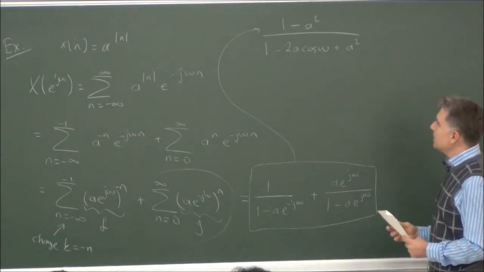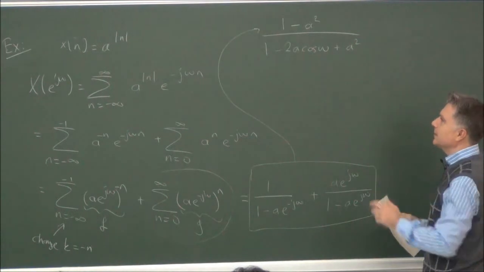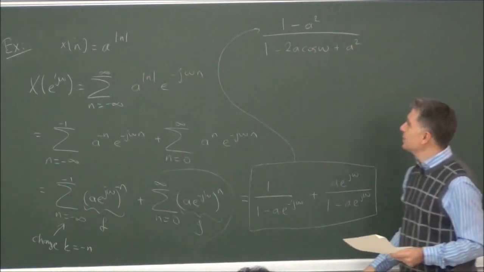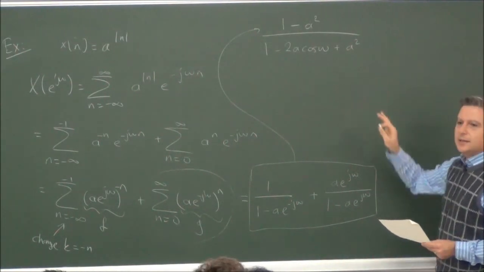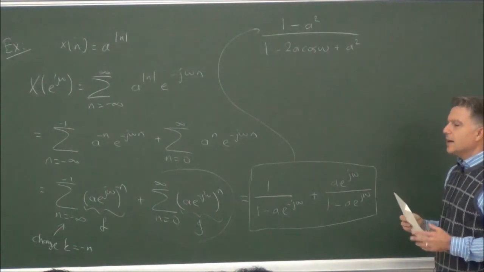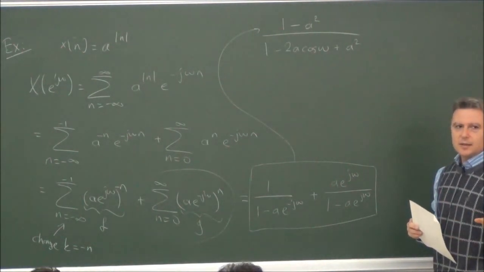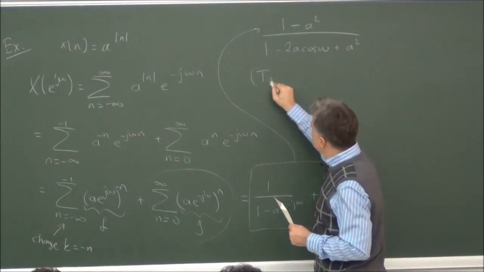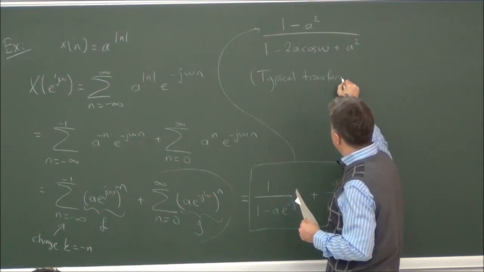This thing is a little bit more complicated than a to the absolute value of t in continuous time Fourier transform. But this result that you can see here is available in tables. For example, if you take a look at Oppenheim's book, there are some typical transform pairs.